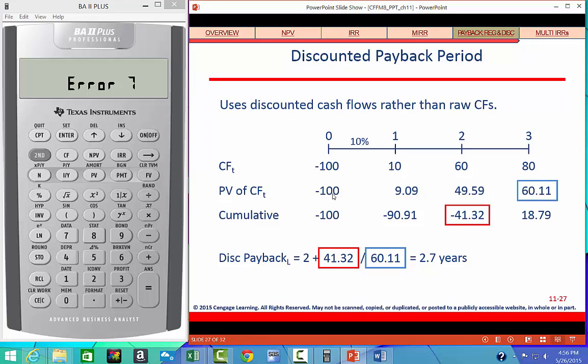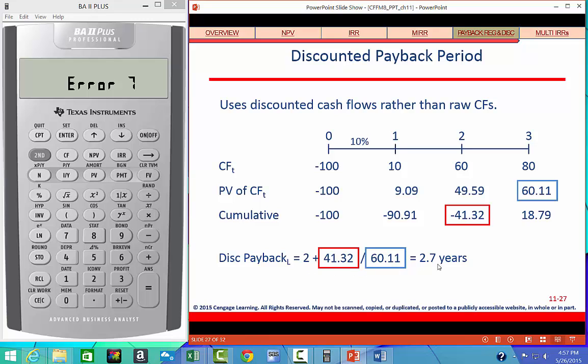And so we do the same thing for the payback and say, okay, well, I got $9.09 back, so I still need to get $90.91. And then I got $49.59 back, so I still need to get $41.32. And then I finally just divide the 41.32 by the 60.11.